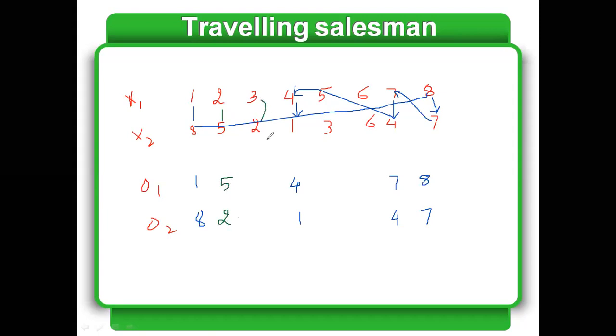Similarly, 3 goes here, and 2 goes there. Similarly, 5 and 3 are exchanged. And here it is 6 and 6. So these are my new offsprings generated by the cyclic procedure.